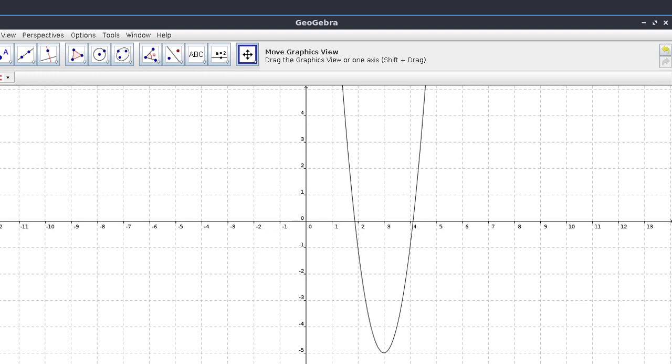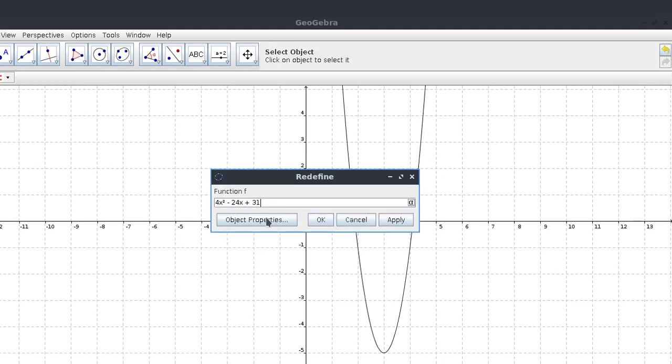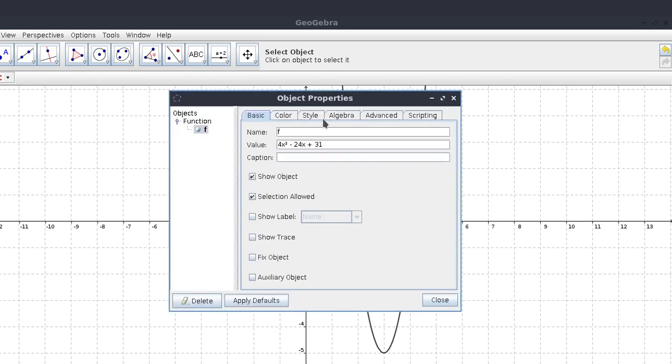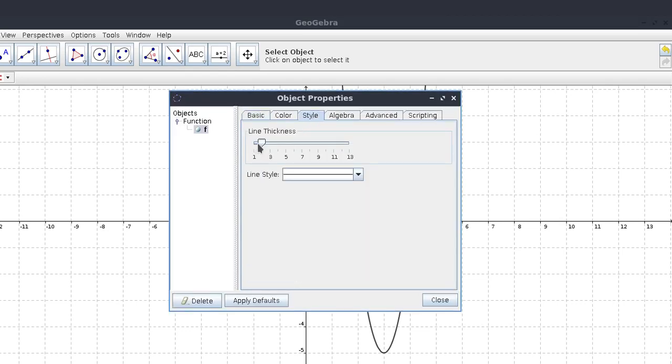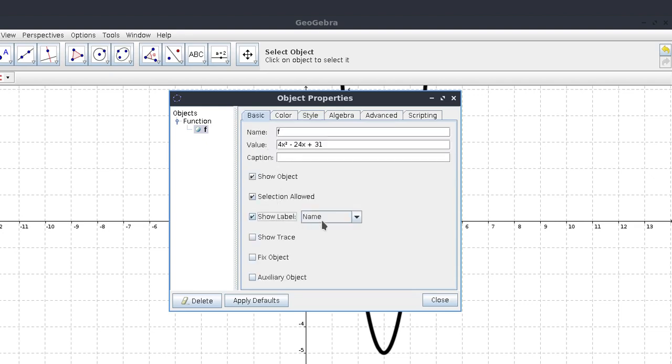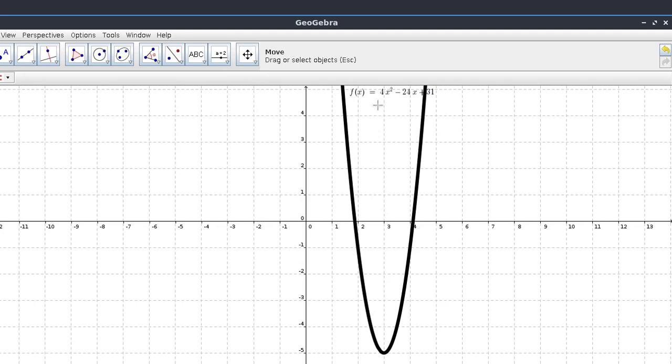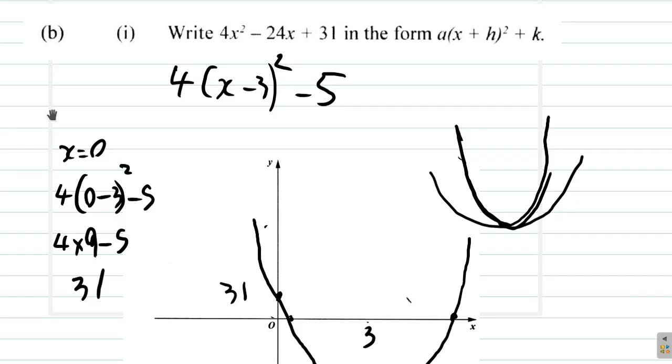This is what we have. Let me make it thicker. I want to show the equation on it to show you that what I really have is 4x squared minus 24x plus 31.